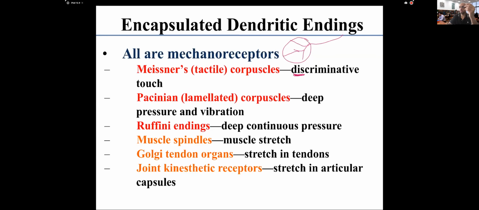So if you're touching the garment of a dress, for example, you touch it with your fingertips because this is where you're going to get better sensation compared to the skin of your forearm or arm.